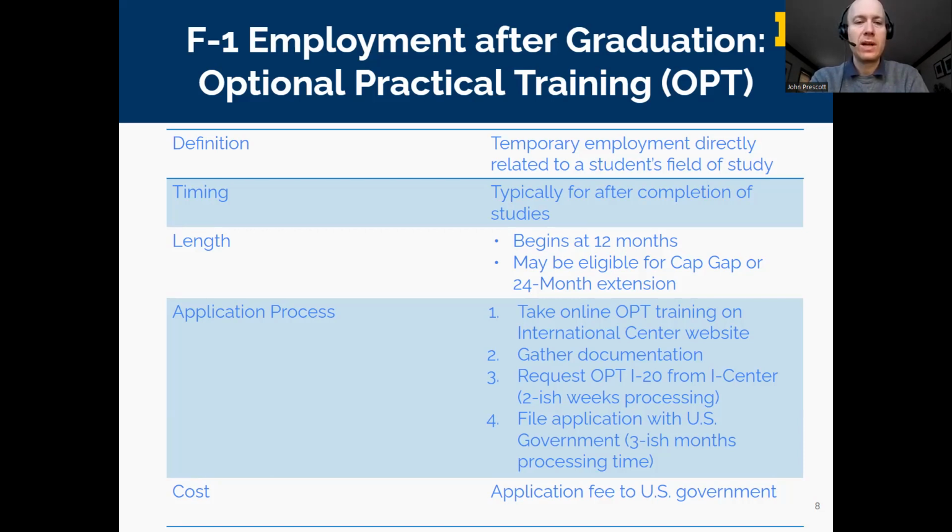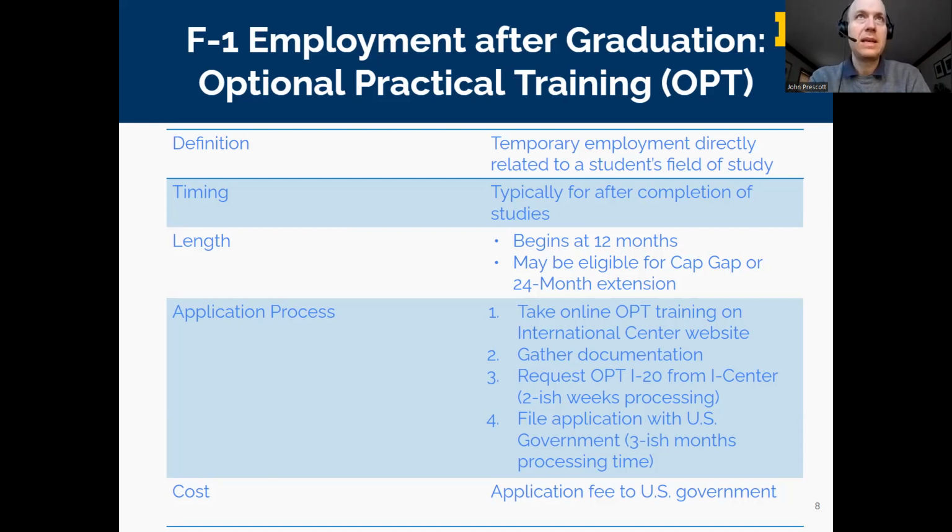And then when you're actually ready to apply for OPT, the application itself is an online application with the US government. So we're helping you with the process, but your application is not with the International Center. It's actually with the US government, called USCIS. Their processing time right now is roughly 2 to 3 months. So it is important that you plan ahead, accounting for that processing time.